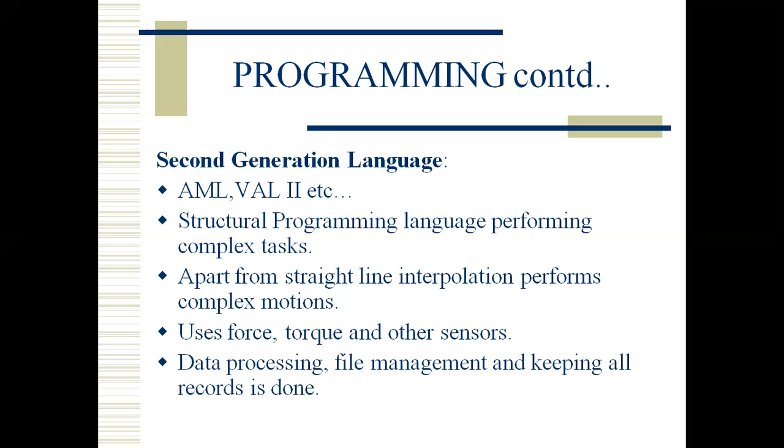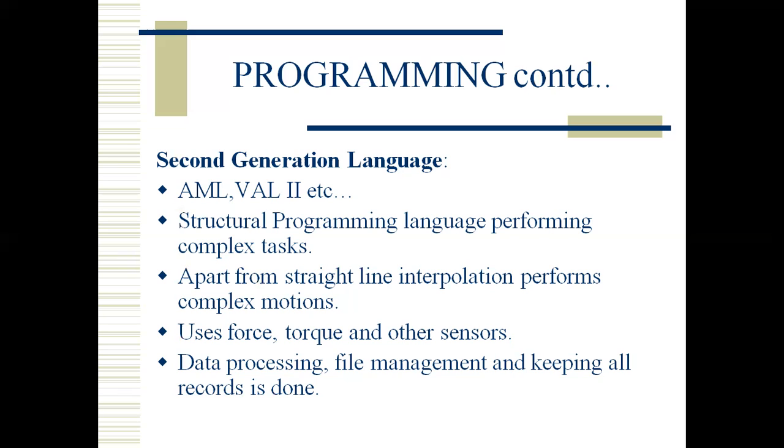A structural programming language performs very complex kinds of tasks, in the sense of triangular or truss-type situations, and contour positions. Contour positions are circular positions, sinusoidal positions, zigzag positions, curvilinear positions, etc., which cannot be possible with respect to the n number of points that can be monitored with this particular structural programming language.